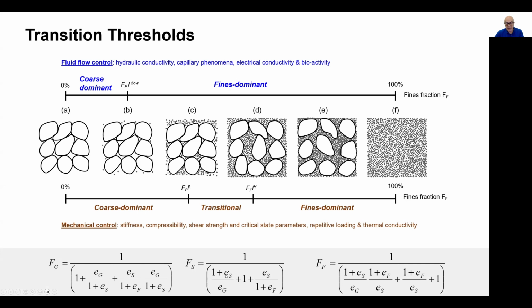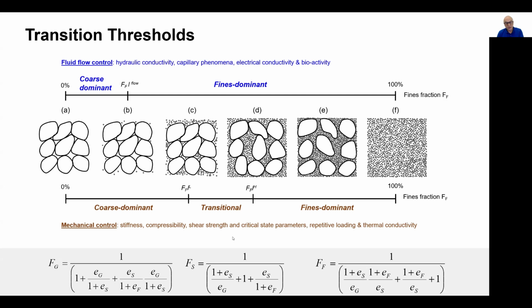And if you begin replacing for some of the void ratios here, you will soon convince yourself that these transitions are not at 50% as selected in the unified soil classification. And it is very important to recognize that the finer fractions start to control behavior significantly before reaching a 50% mass fraction.